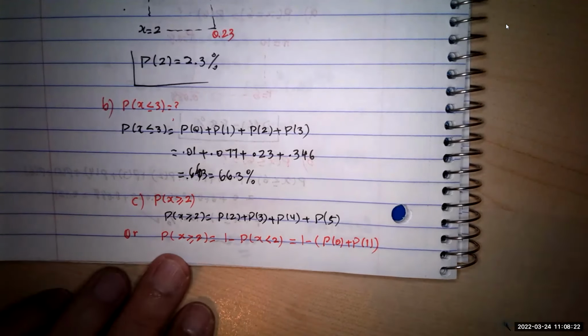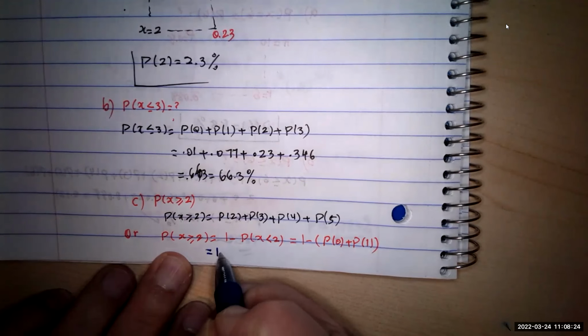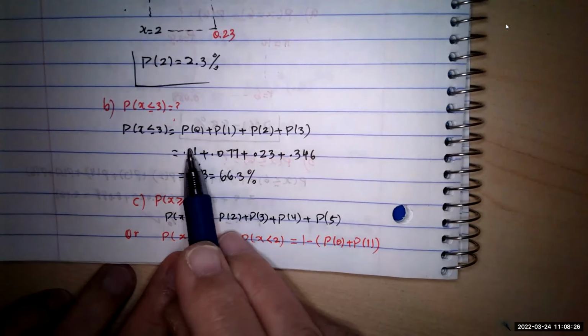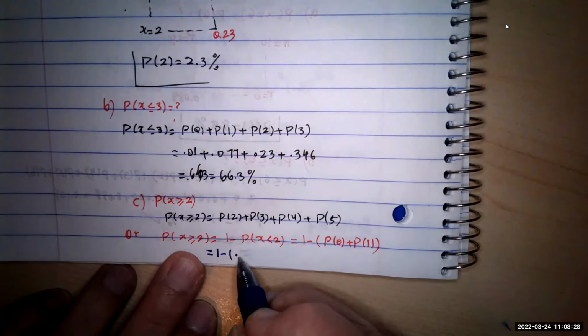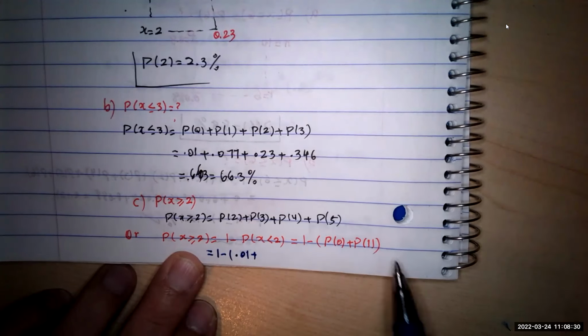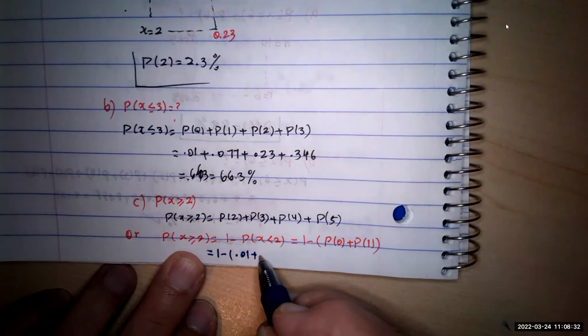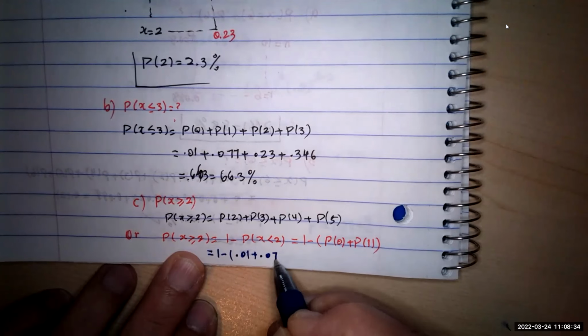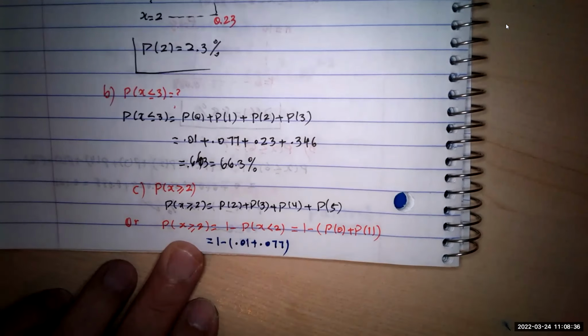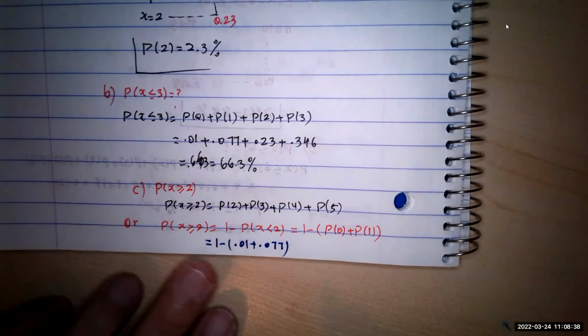So if you stay with the complement, this is going to be 1 minus P of 0. You already got the P of 0 here, 0.01, plus P of 1. You have that 0.077. Okay, so this is going to be another option.